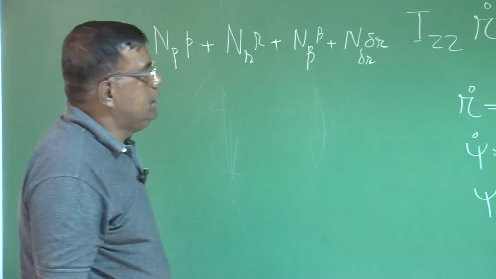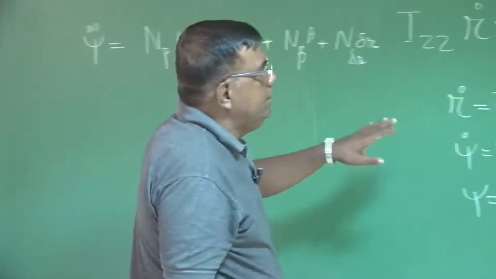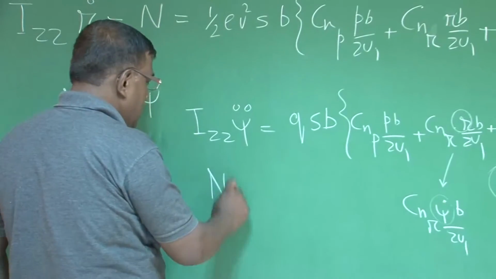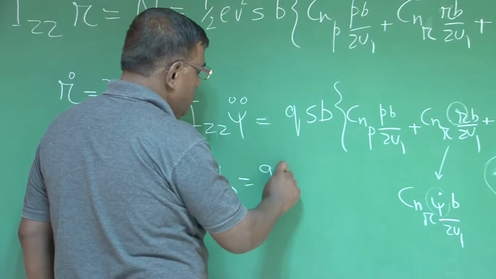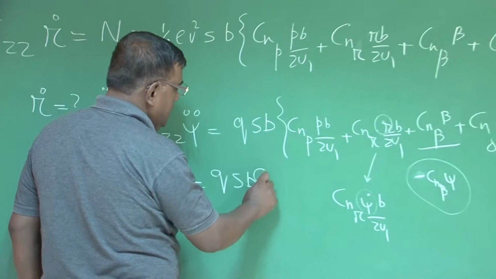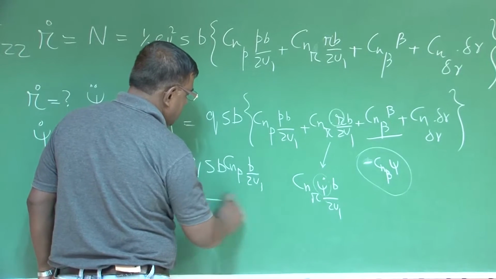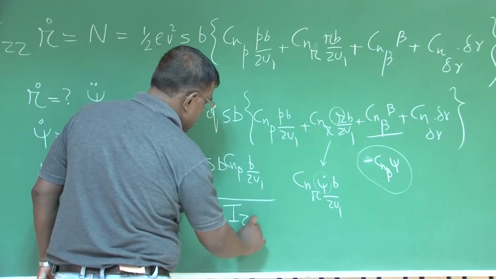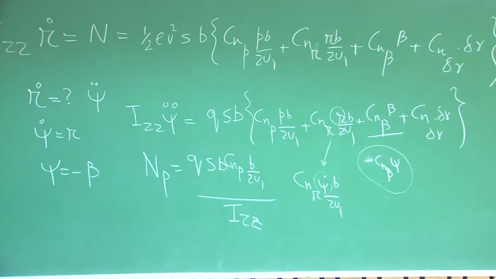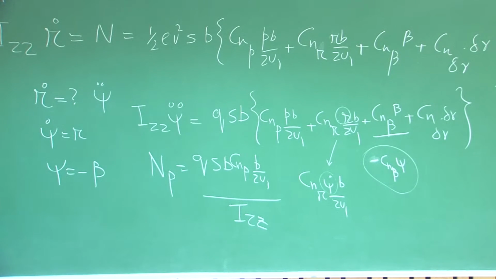So what is Np? From here you can see Np is nothing but Q S b CNP b by 2U1 divided by IZZ.